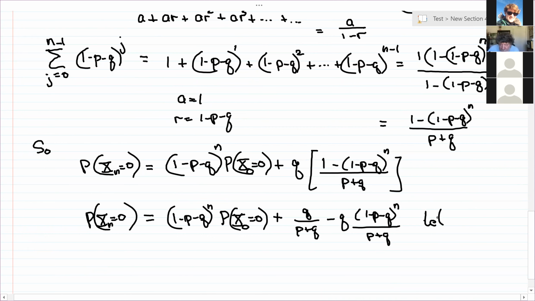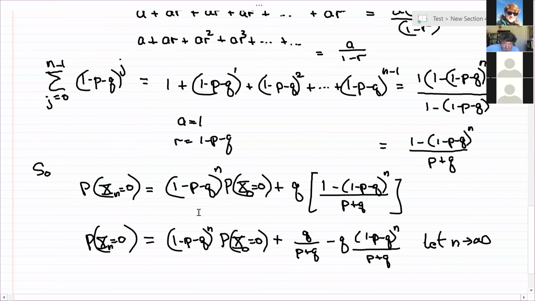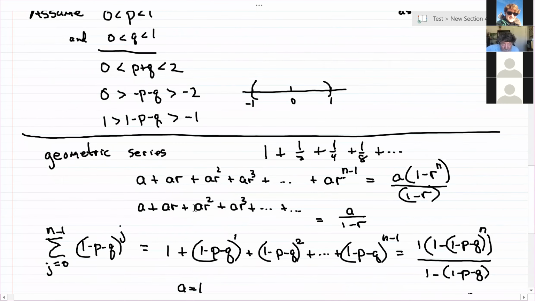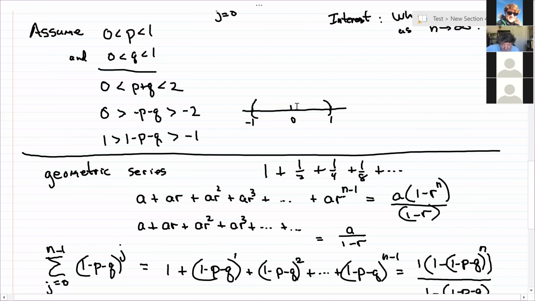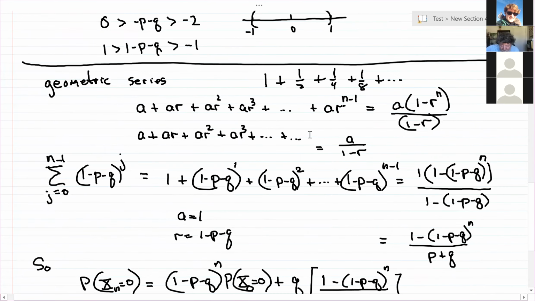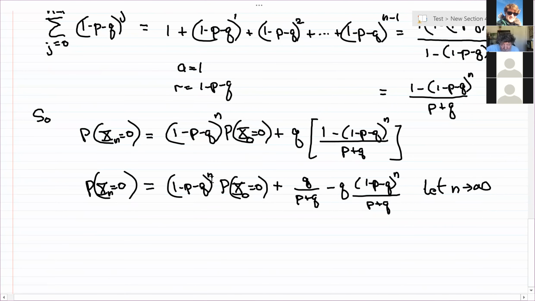But now we're interested in what happens when n gets large. So let n go off to infinity. But remember, we've already argued that 1 minus p minus q is strictly between 1 and negative 1. So it's a proper fraction in that sense. It's not bigger than 1 or less than negative 1. So when you take powers of this, it's going to go to 0.